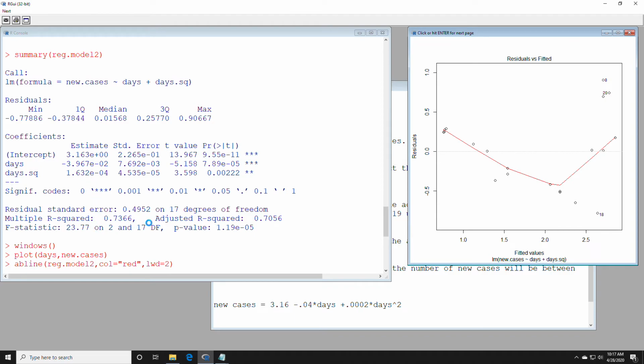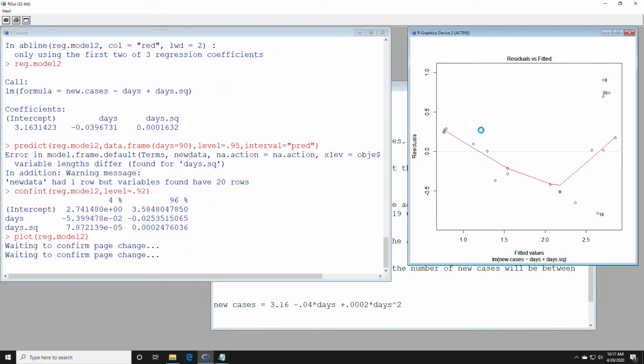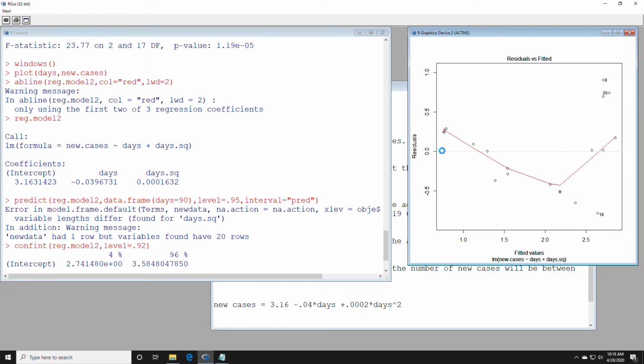I'm kind of surprised that this is as bad as it is, to be honest. That's interesting. Based on this plot, it really didn't seem to help all that much.